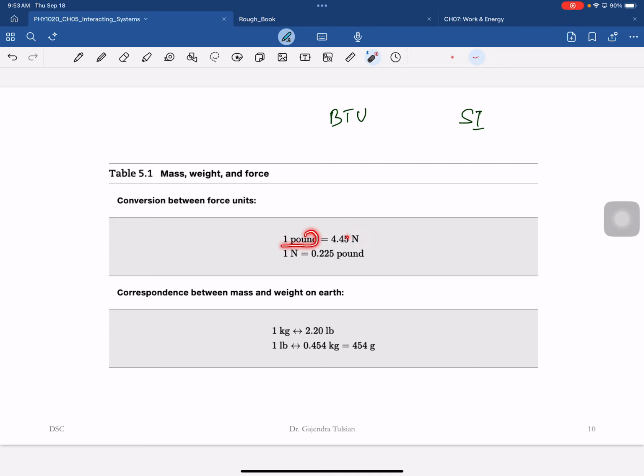One pound is roughly 4.5 newtons. If you went to Europe and got on a scale, it would read in kilograms. One kg is 2.2 pounds. So if you weighed 100 kgs, that would mean you weigh 220 pounds.